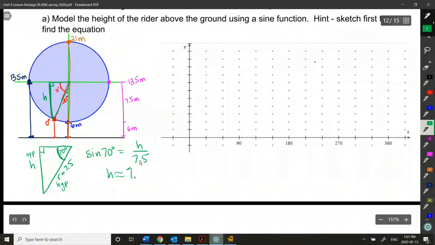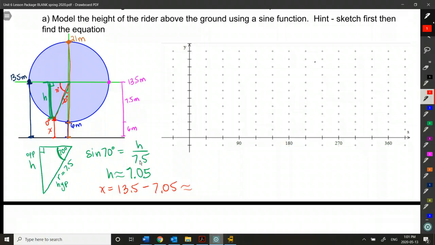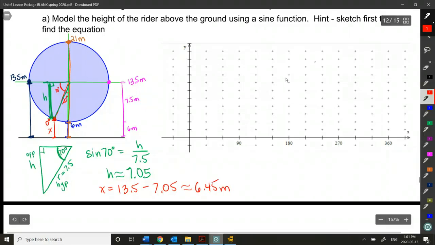Make sure you're in degree mode. So this is about 7.05. That's this. What I really want to know is this little red thing here. If I know that this whole thing is 13.5, I should be able to subtract to get this. So x is equal to 13.5 minus 7.05, so x is approximately 6.45 meters. So that's my starting position there.